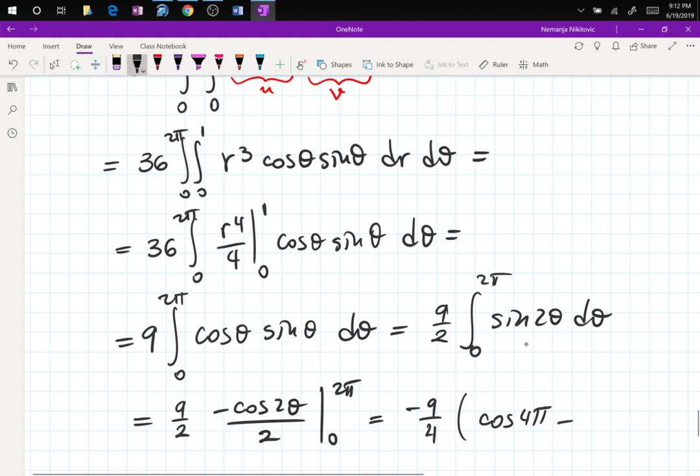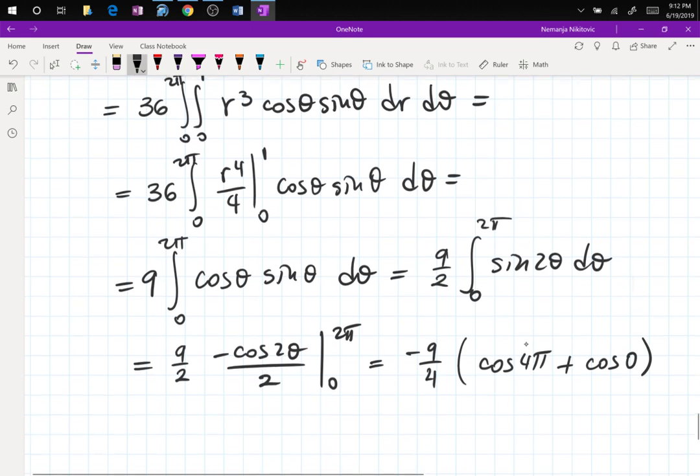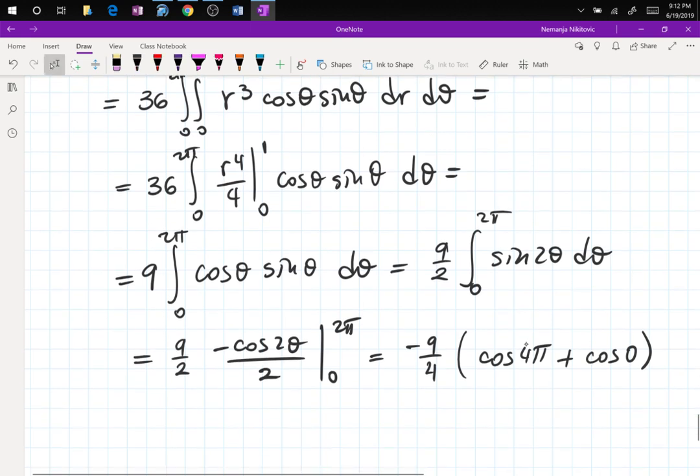And minus gives us plus cosine of 0. They need to be negative. I'm getting a negative integral. Getting a negative number is getting a positive number. I messed something up somewhere.